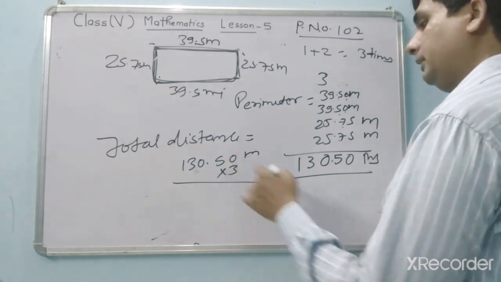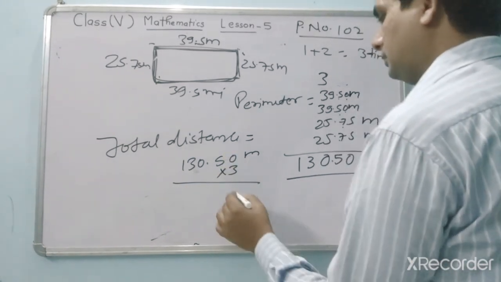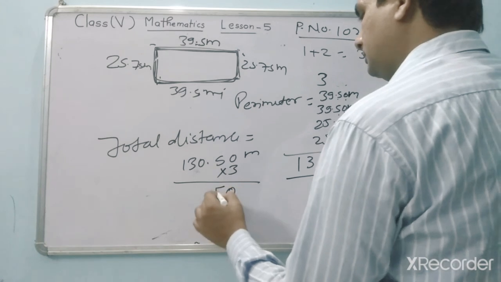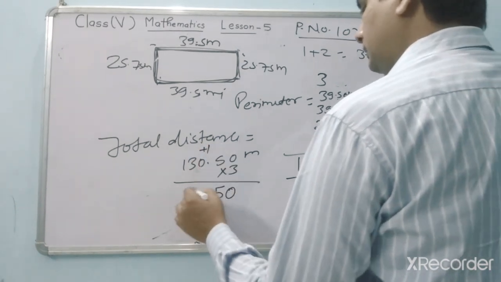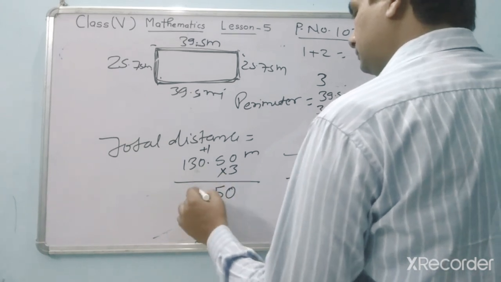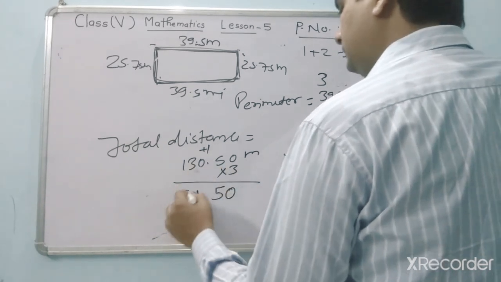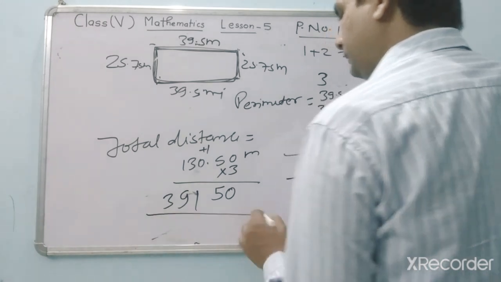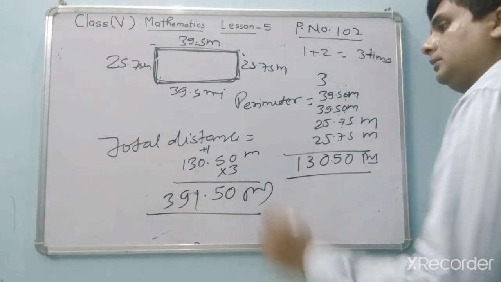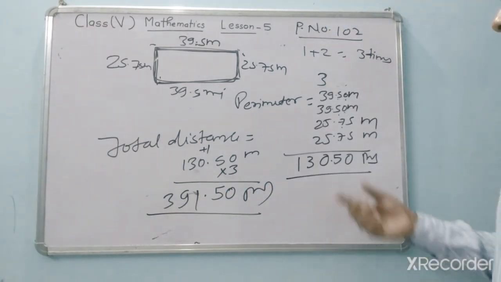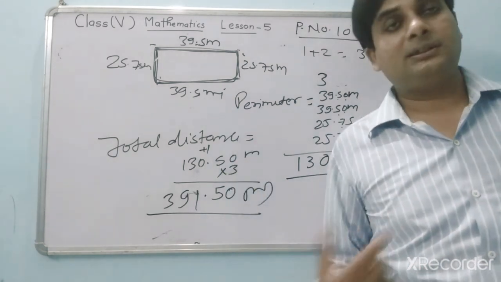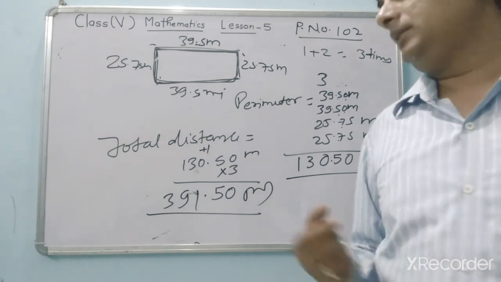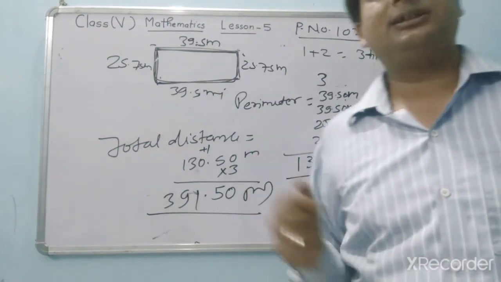What will be there? 0, carry will be 1, 0 plus 1, 1, and 3 3s are 9, and 3 1s are 3, 391.50 meter. This is the total distance that he will cover in 3 times of rounding this field.